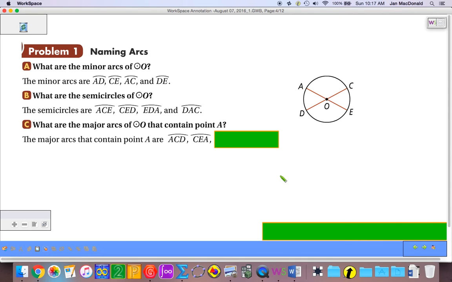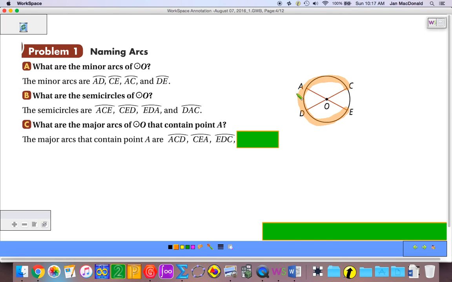CEA, what does that one look like? Oh yeah, clearly a major arc on the circle that contains point A. EDC.